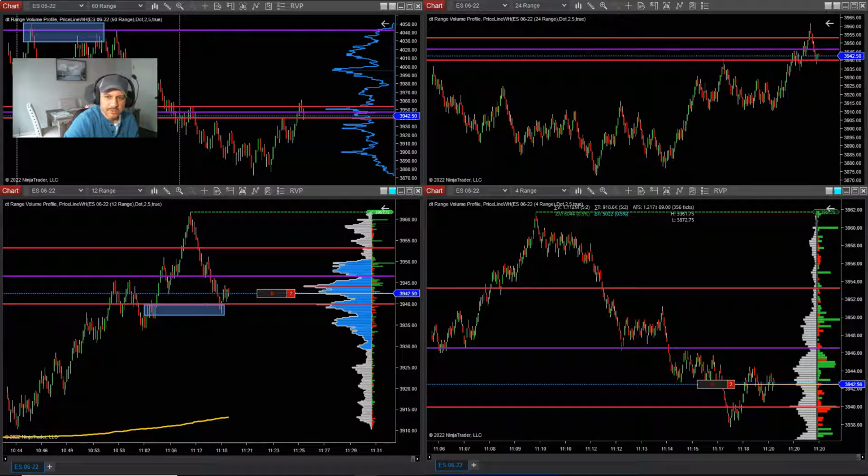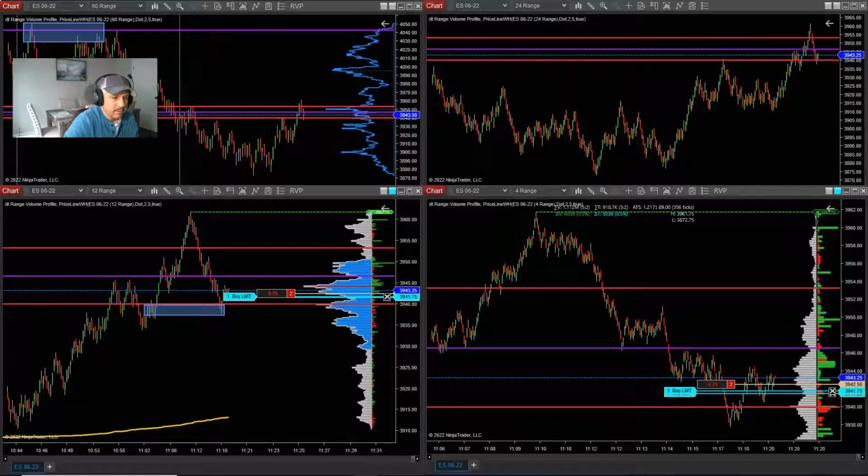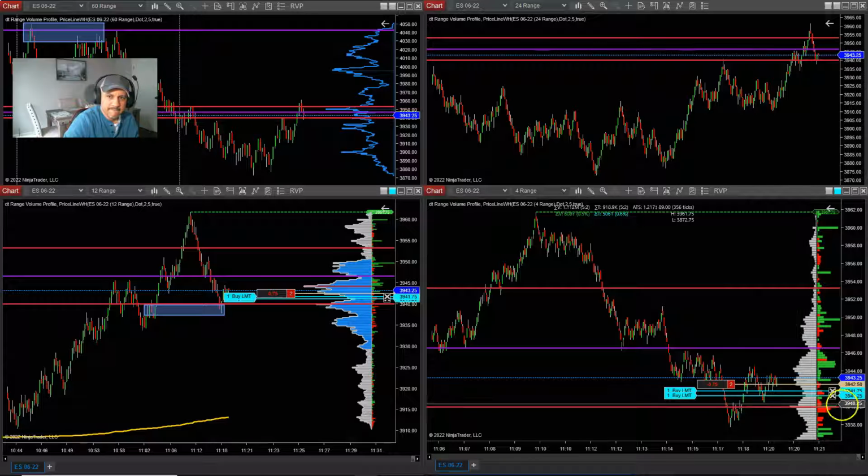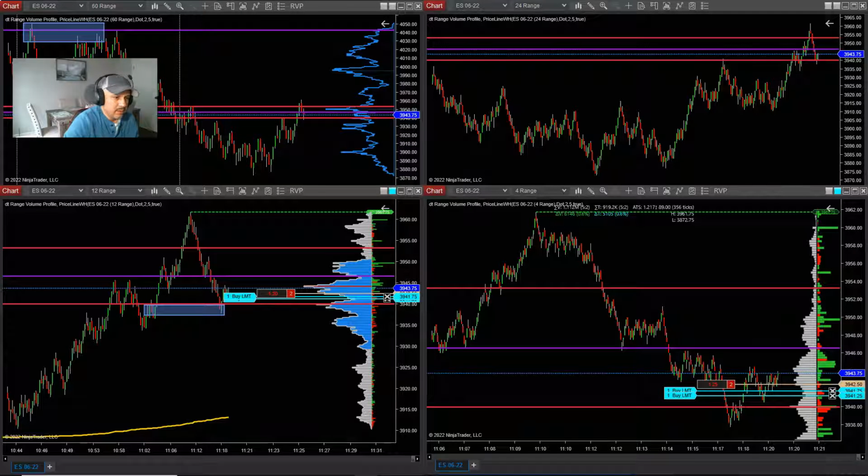I'm short. Actually, I'm going to move this a little lower because I'm pretty sure it's going to come down lower. Should come lower.